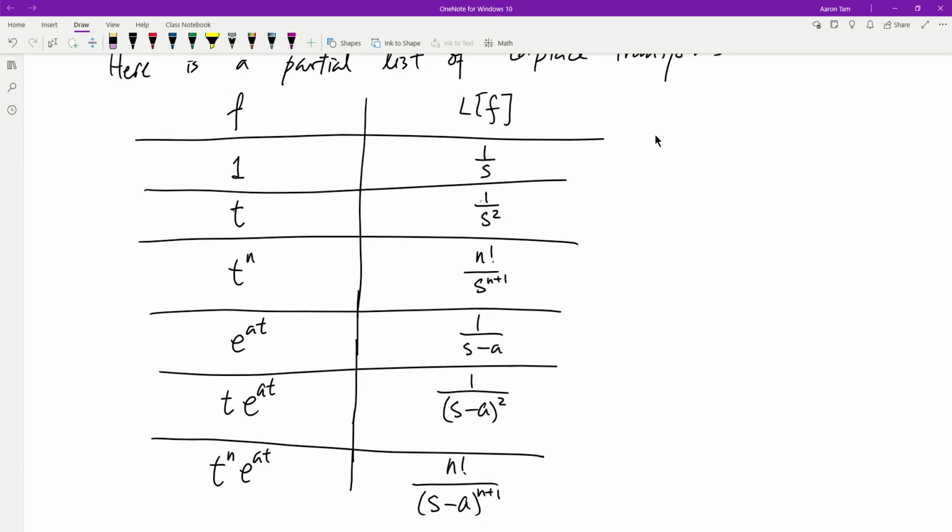Now, one interesting thing about these Laplace transform formulas is that they are reversible. Note that these formulas, as well as those on the Google Classroom, are meant to be used in both directions.